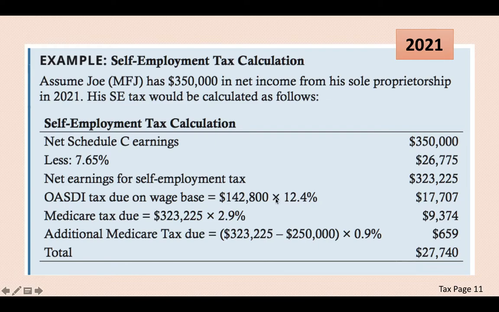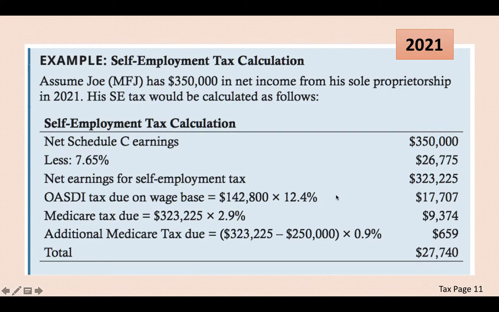Anything above this is not subject to Social Security tax. So you are only taxed up to 142,800, at 6.2% times 2, which is 12.4%. So your Social Security tax for self-employment is 17,707.